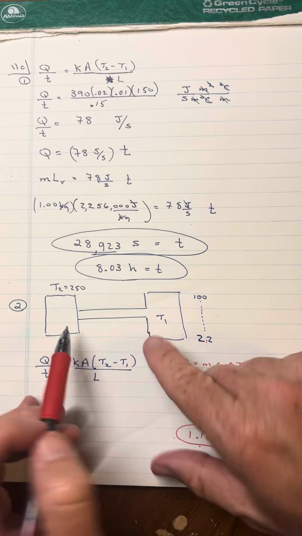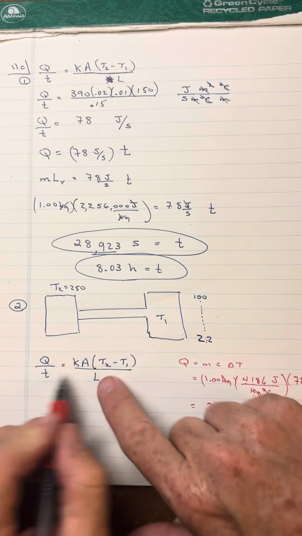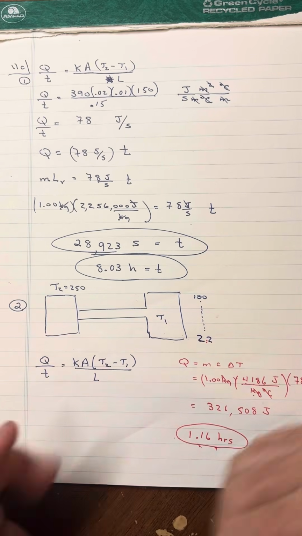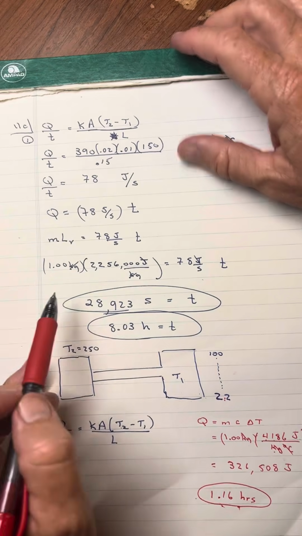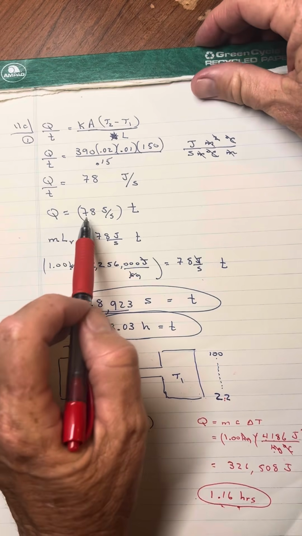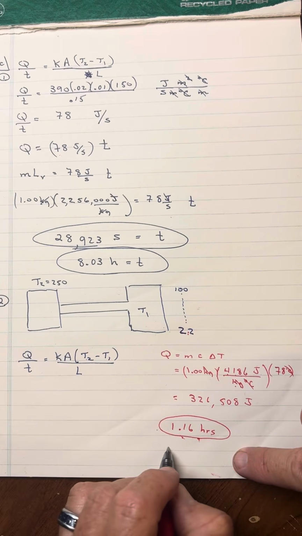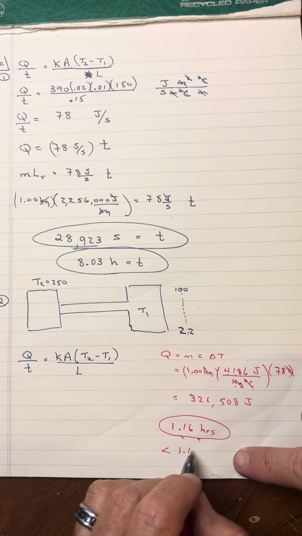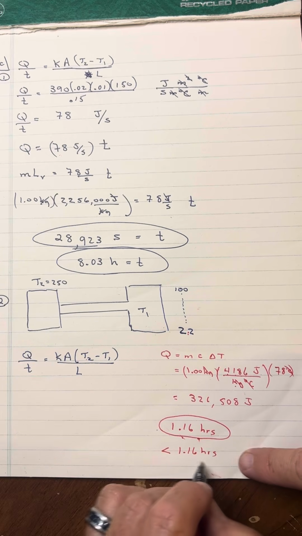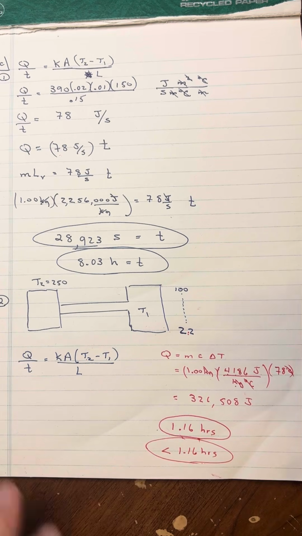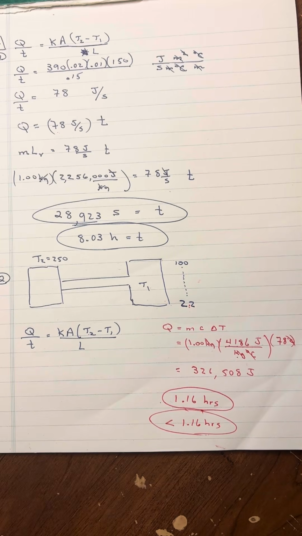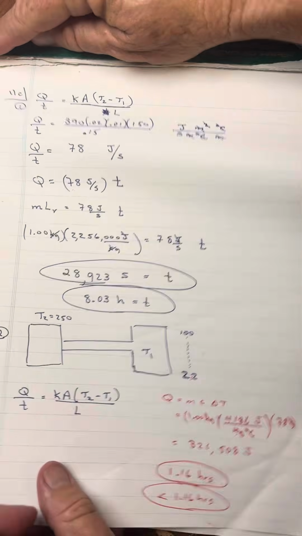That means the temperature difference is always going to be lower than 150. That means this rate is always going to be greater than the rate we got up here. And so I should get something less than 1.16 hours. Now, I hope I'm not wasting your time, because that was not an appropriate way to do it.